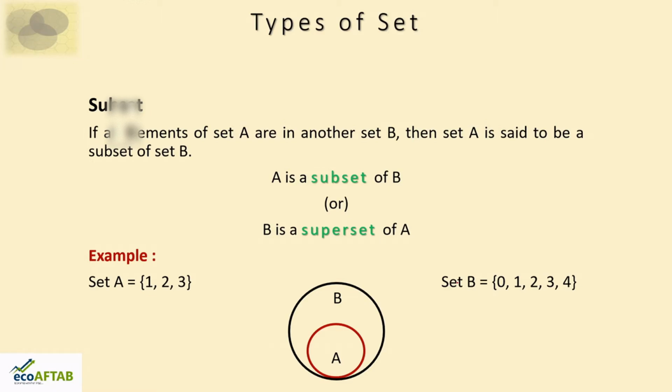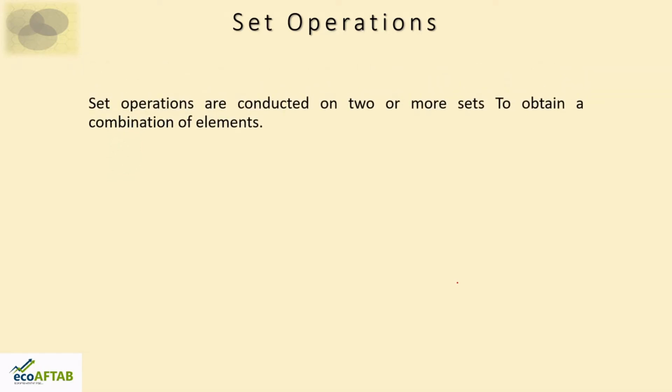Moving ahead, friends, now we'll come across one of the most important topics when we speak about set theory, and that is set operations. Set operations are conducted on two or more sets to obtain a combination of elements.